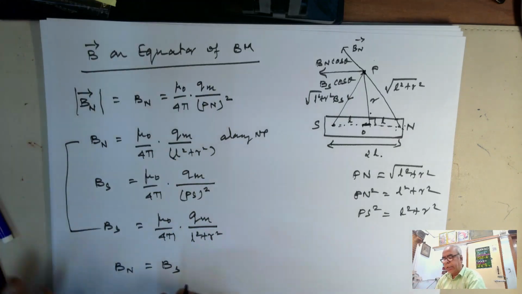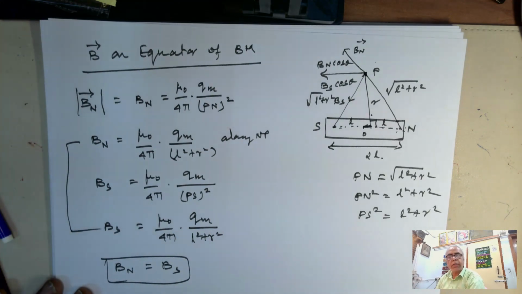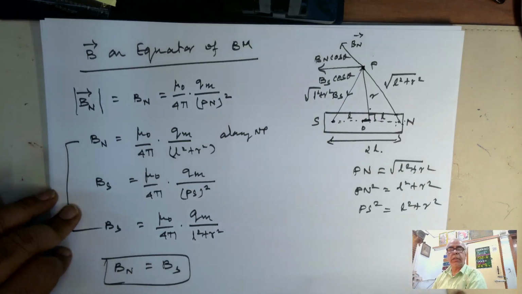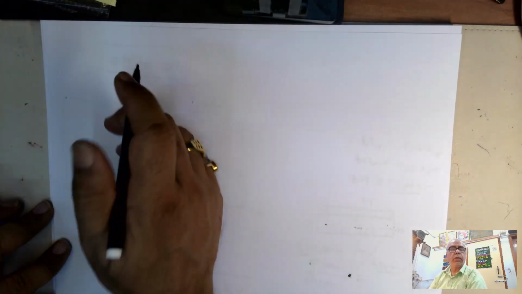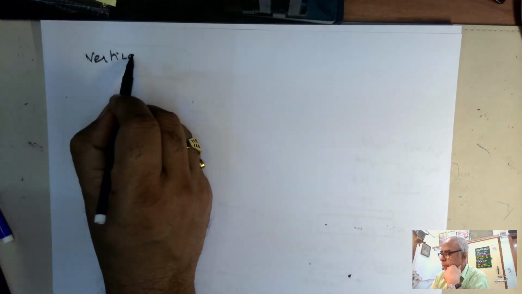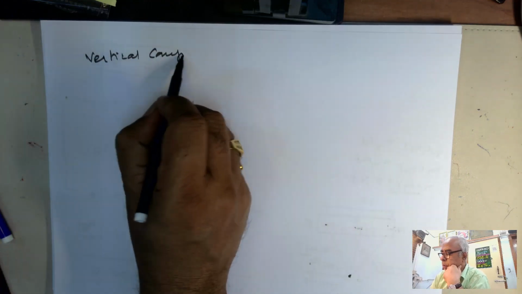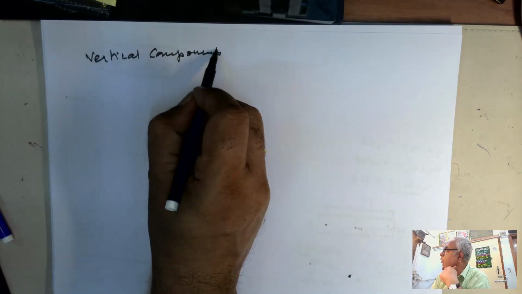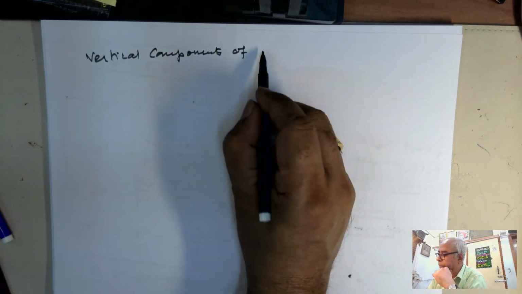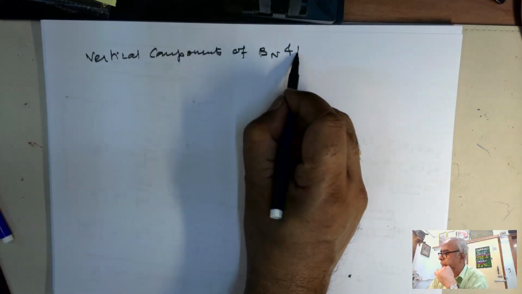So as far as magnitude is concerned, this is the case. But we need to prove it as a vector. So in that case, now let us consider the vertical components of Bn and Bs.